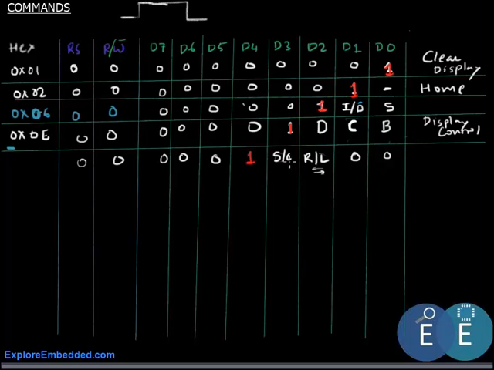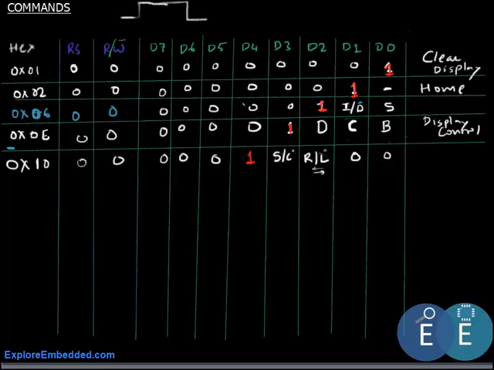So this bit will be 0, and we usually move it towards left, so this bit will be 0 as well. So the hex code would be, the four bits are 1 and the next 4 bits are 0, so this would be 10.